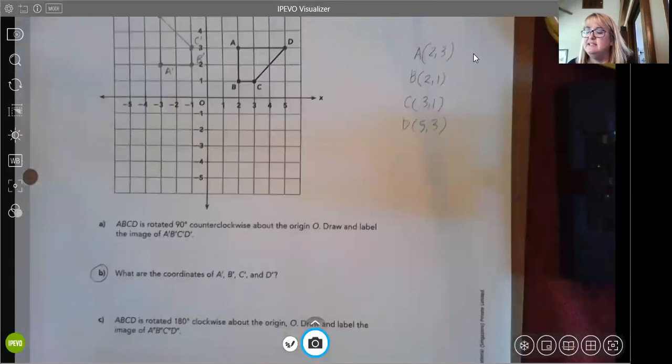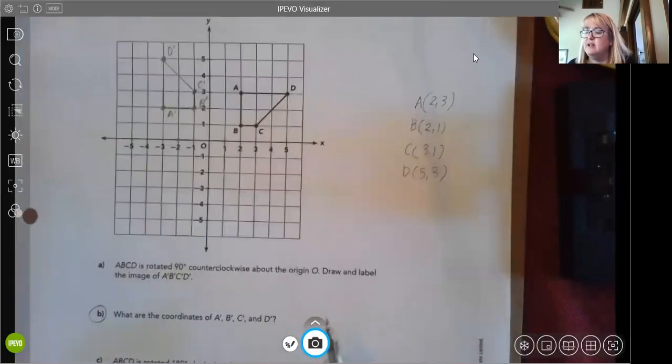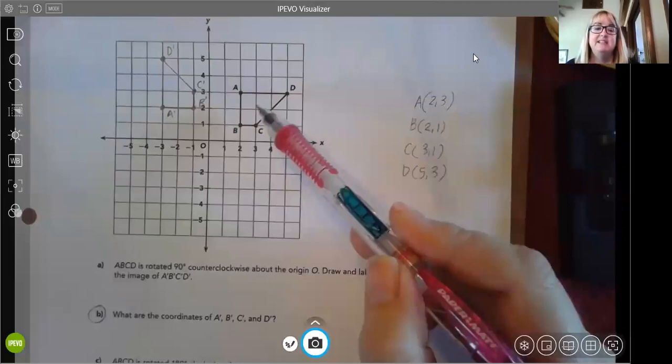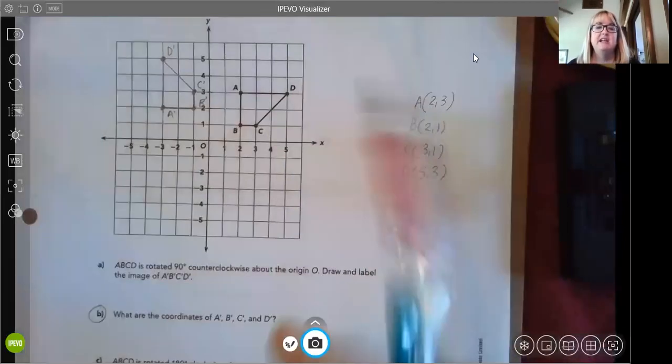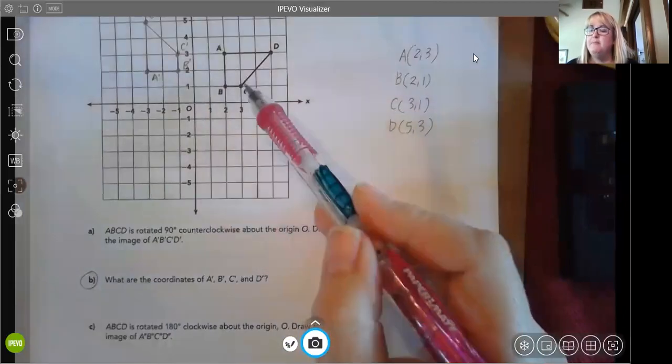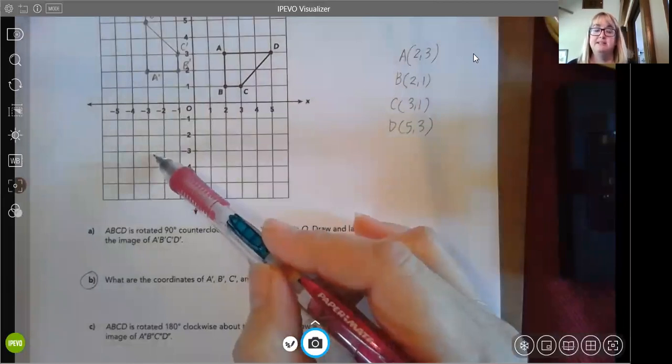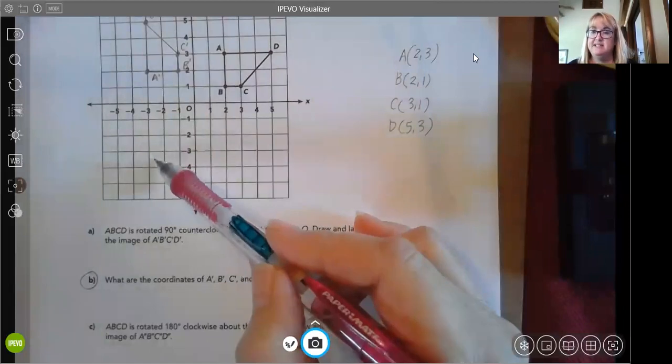Okay, ABCD is rotated 180 degrees clockwise about the origin O. Draw and label the image A double prime, B double prime, C double prime, D double prime. All right, so I am taking ABCD, and I'm rotating it 180 degrees clockwise. So we are ending up here. And what did we say about what happens to our coordinates? Our coordinates become the opposite.